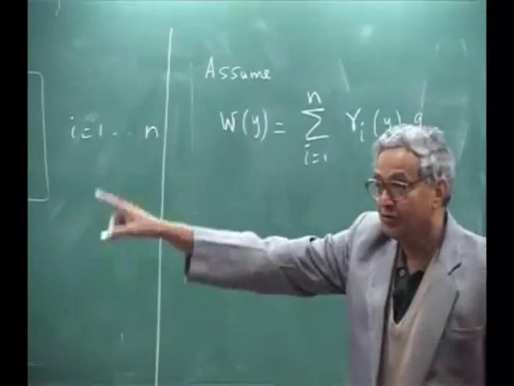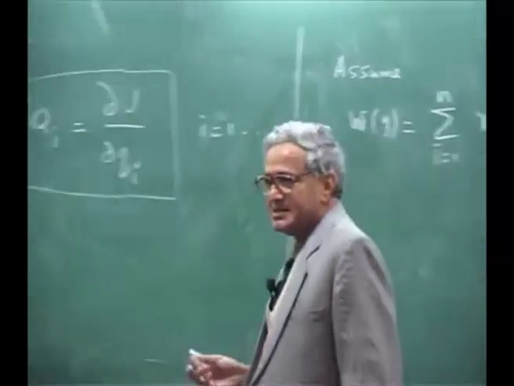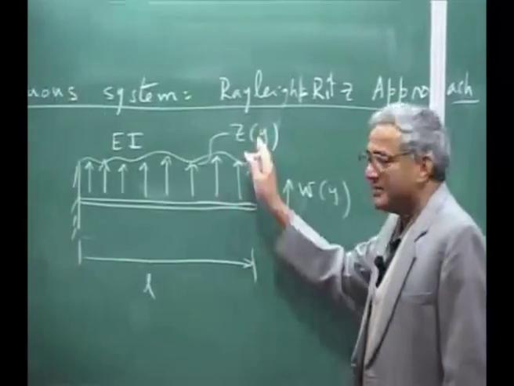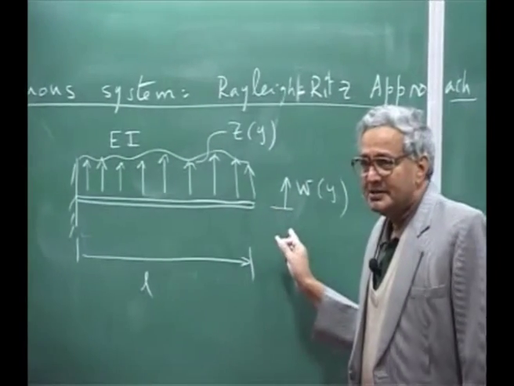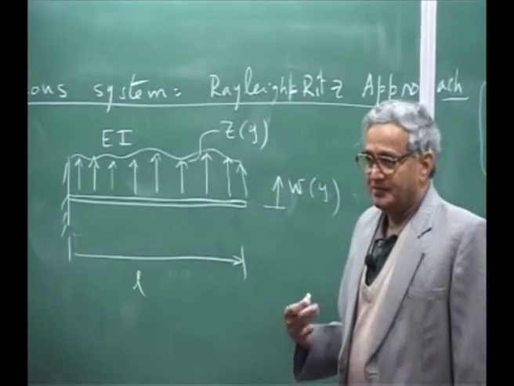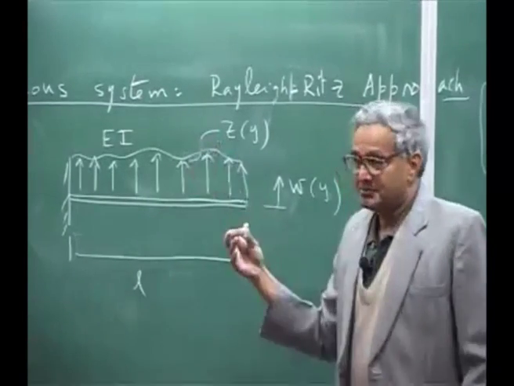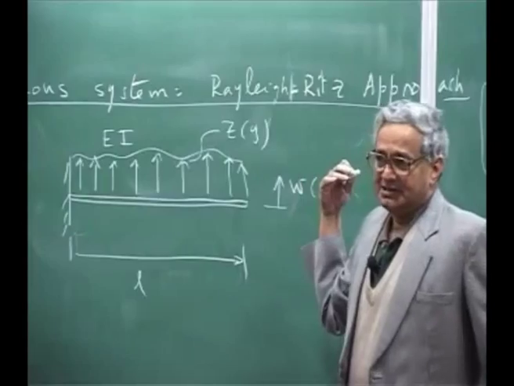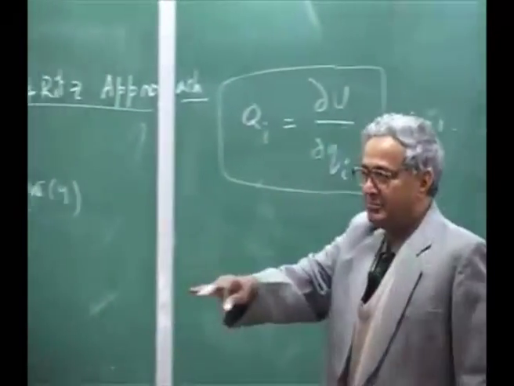I wrote U, V, W. In this case, I am not interested in U, V and others. Only vertical deformation, that is why I am interested in W. If you are interested in every other deformation, then you have to write correspondingly. We are interested only in bending deformation.